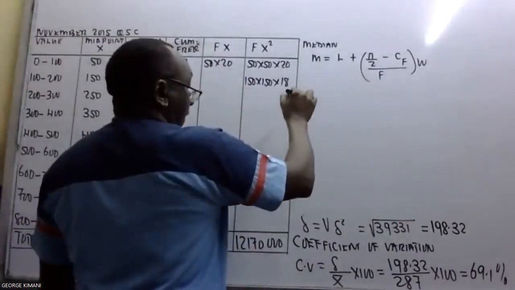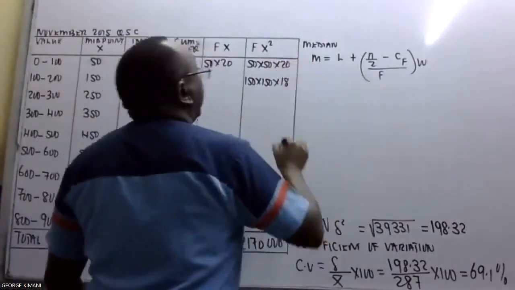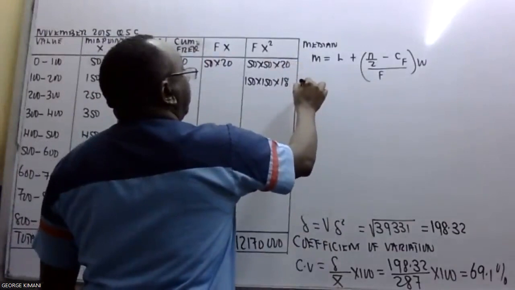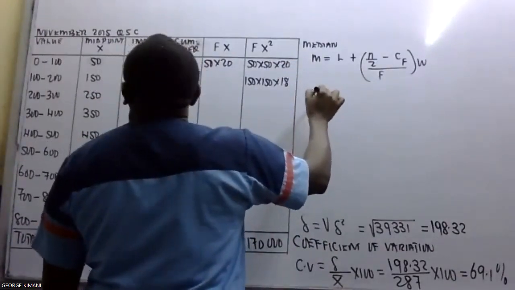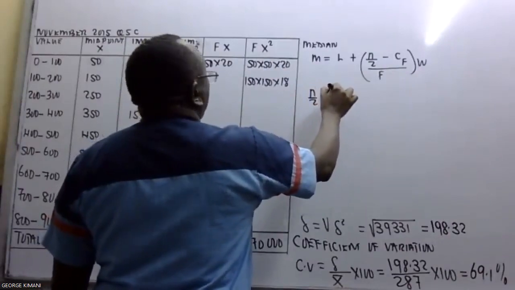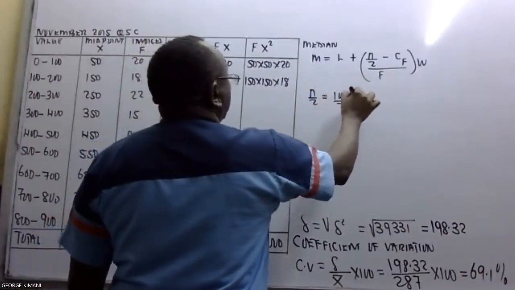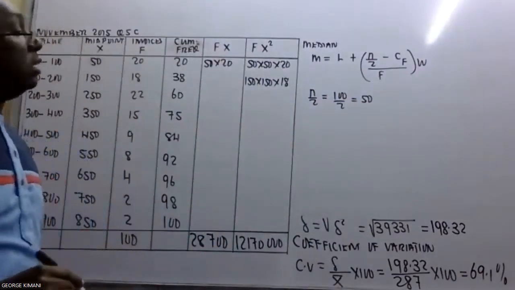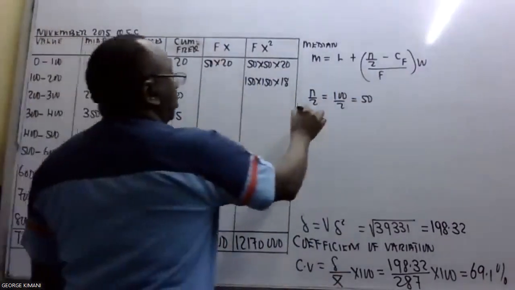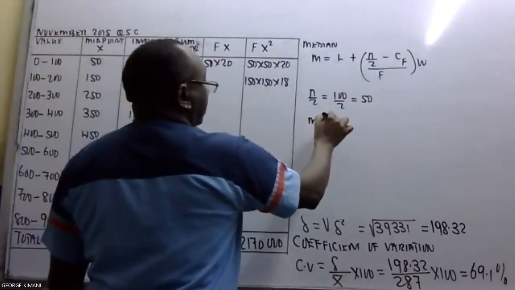From there, we say N out of 2 is the total frequency, which is 100 out of 2, that is 50. So that will give you what we call the median class.